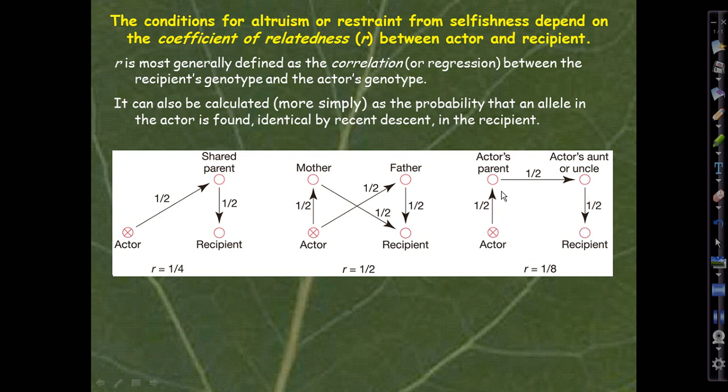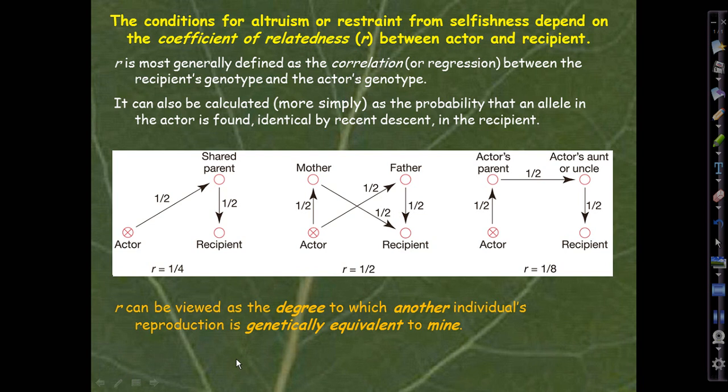If I'm the actor, my parent and your parent are full sibs, let's say, so they're related by a half. I'm related by a half to my parent, and then if she or he had the gene, there's a half chance it was an auntie or uncle who had a half chance of passing it down to you. We get r equals an eighth.